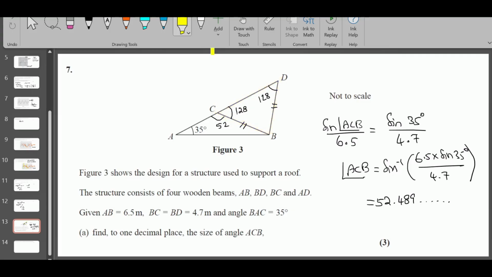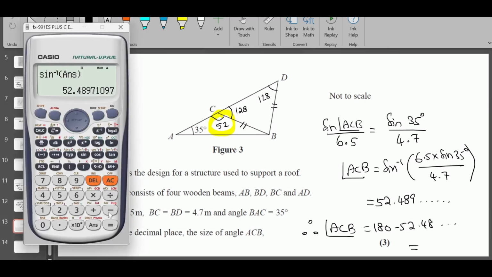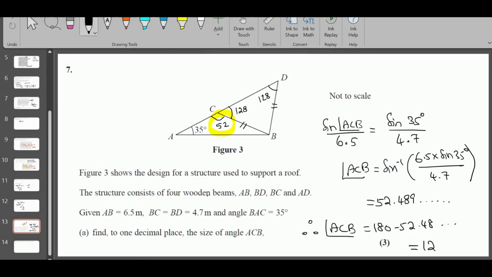So that's not possible. Something is wrong with this angle, because the angle should be obtuse angle. So you need to write therefore ACB is equal to 180 minus 52.48 and write the answer. They want the answer to 1 decimal place, 127.5 degree.